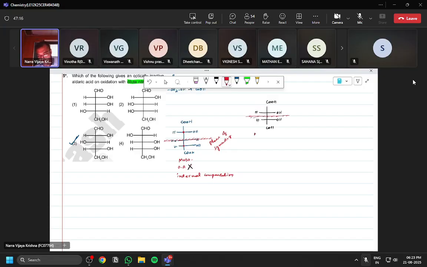So we call it meso tartaric acid. Meso tartaric acid. This is called meso aldaric acid. Done? Yes, sir.